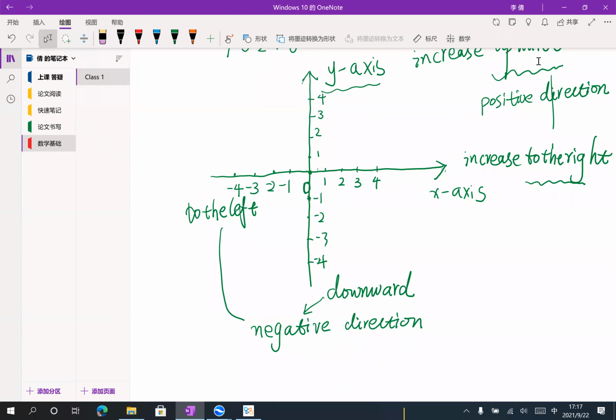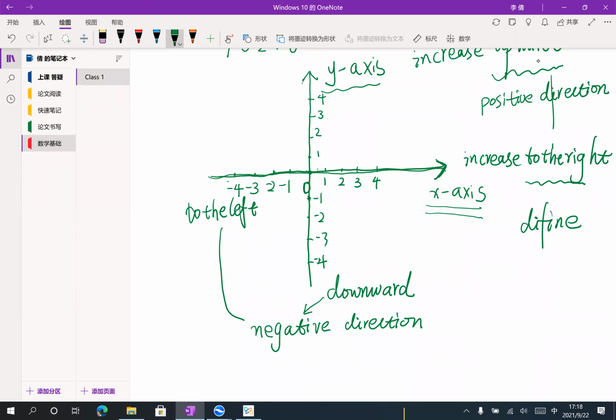Let's see. This line is a horizontal line. We call this horizontal line the x-axis, and the numbers increase to the right. So the numbers on the right of the 0 are positive numbers, and the numbers on the left of the 0 are negative numbers.